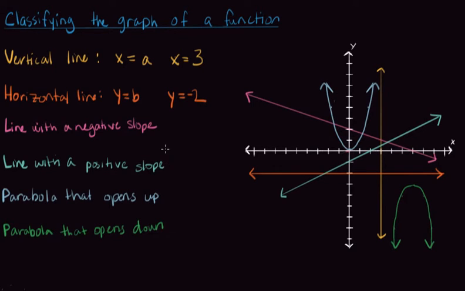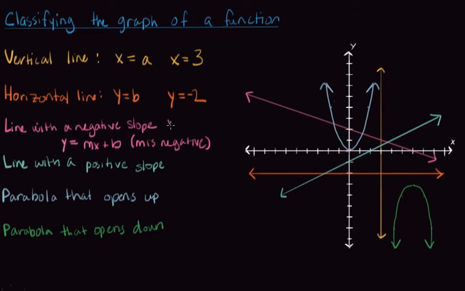Okay, so a line with a negative slope is of the form y equals mx plus b, where m is negative. Like this pink line here, let's just figure out what it is. The y-intercept is 2, and the slope is down 2 over 1, 2, 3, 4, 5, 6.